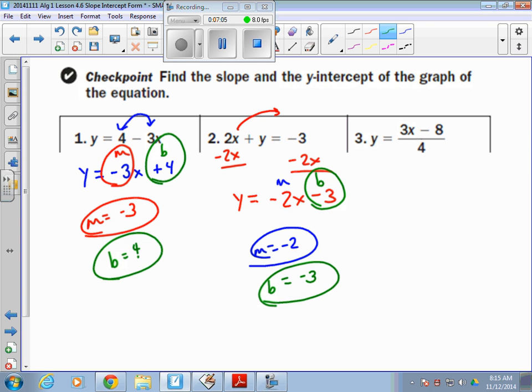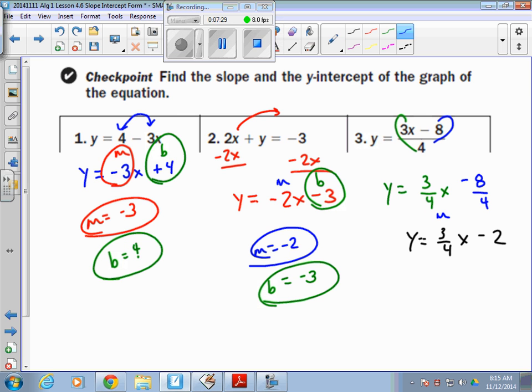And then you have to divide both terms by 4. 3/4 x gives you y equals 3/4 times x, and negative 8 times 4. Negative 8 divided by 4. So when we simplify that, it's going to say y equals 3/4 x. Negative 8 divided by 4 is minus 2. Now it says mx plus b.